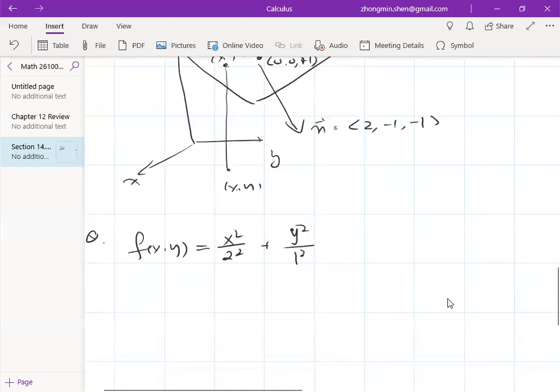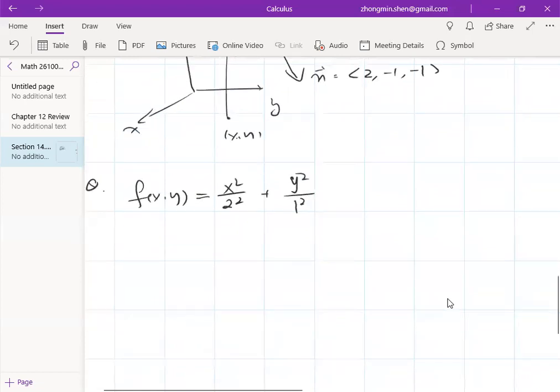How about like that? Okay. So in other words, it's going to be a quarter of x squared plus y squared.